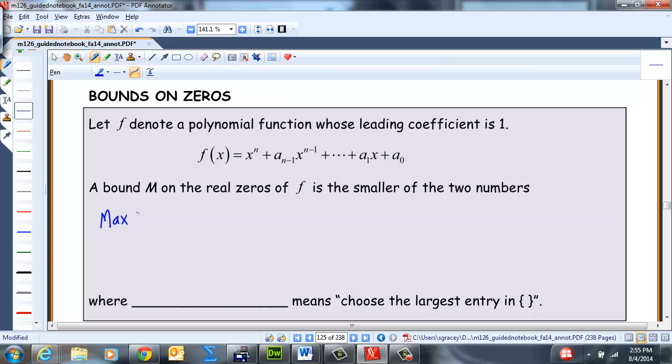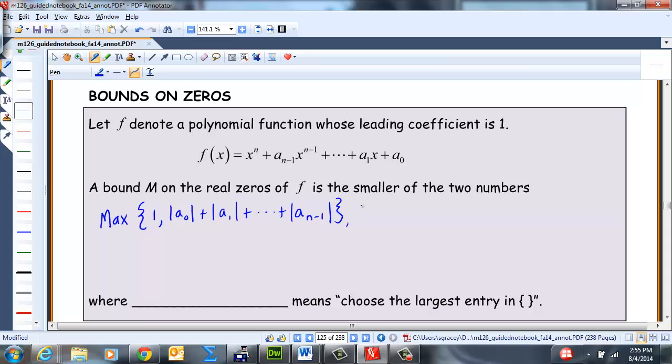So the first expression is the maximum of 1, or the sum of the absolute values of all the coefficients except for the leading coefficient. So the absolute value of A0 plus the absolute value of A1, all the way until you hit the absolute value of A sub n minus 1. So that's the first expression.